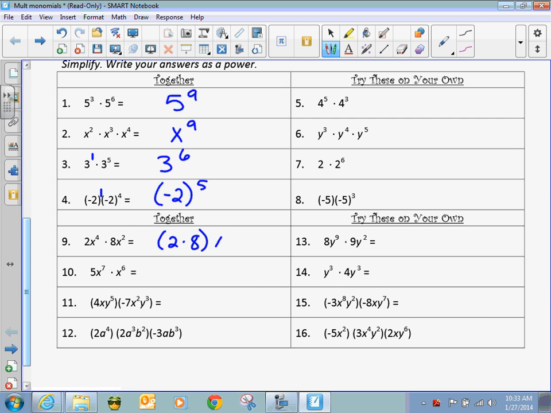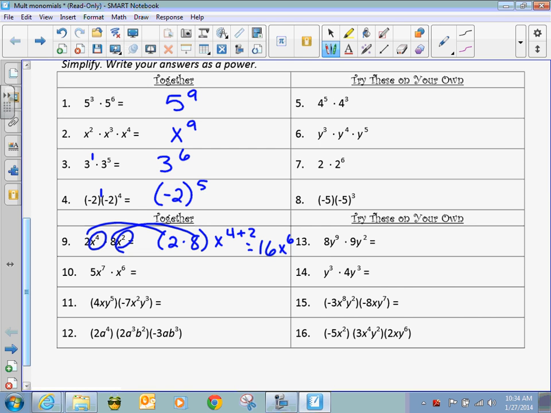So it'd be x to the 4 plus 2. 2 times 8 is 16 times x to the 6th. And that's all we're going to do. I multiplied the 2 and the 8, and then I just used the property we talked about, because really all I'm doing is combining these two exponents.